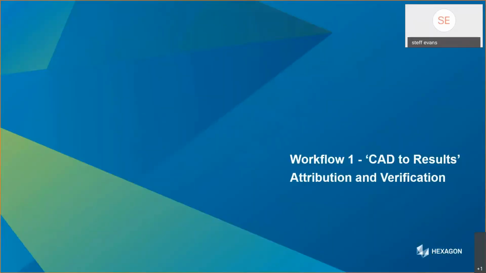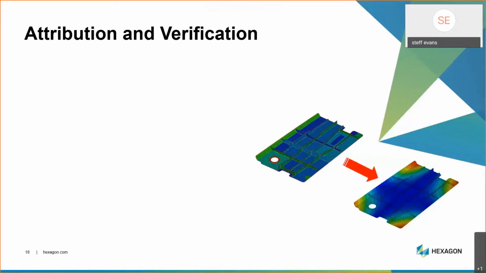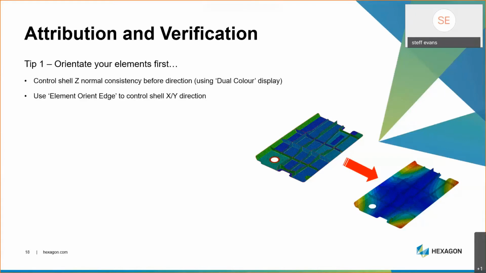So now we've got the mesh developed, we can start to look at attribution and verification. One aspect of mesh development or shell meshing is that you need to consider your surface normals and your XY directions for the shell. Every shell element has a local coordinate frame. X and Y sit in the plane of the shell, and then Z points normal to that XY plane.